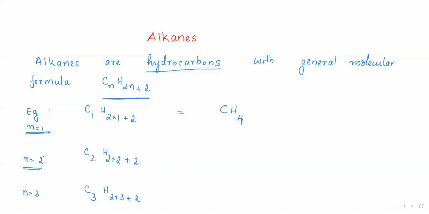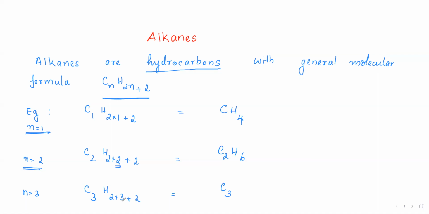Another example, the second member of the alkane homologous series, alkane family, C2H(2 into 2). In the place of n, substitute 2. 2 into 2 plus 2, which is C2H6. Third member, same way, n equal to 3.